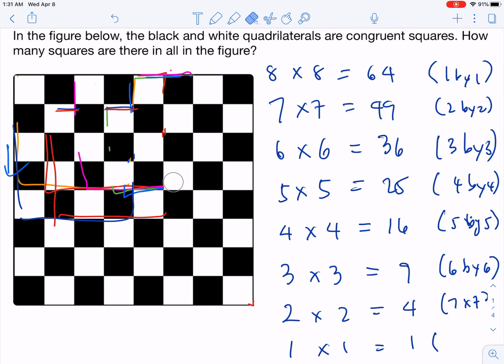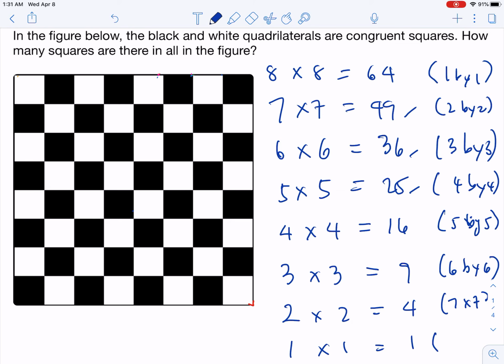So pag dinotal natin yan, yun na yung number of squares natin. So ilan yan? Gusto nyo i-add na lang? So 64 plus 49 plus 36 plus 25 plus 16 plus 9 plus 4 plus 1.